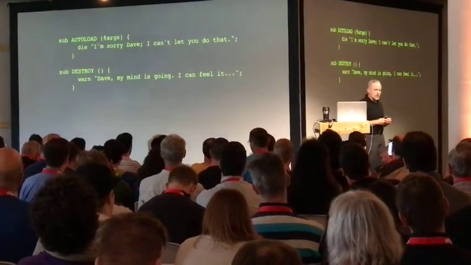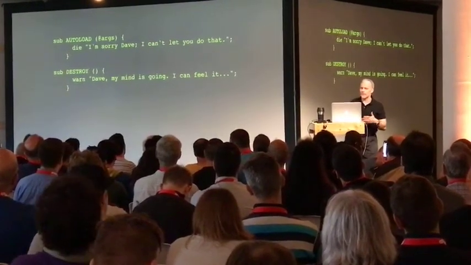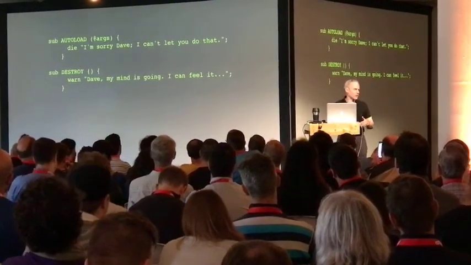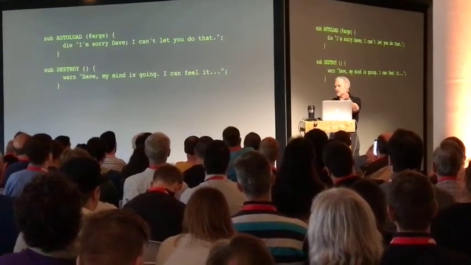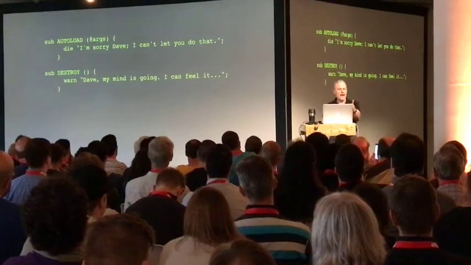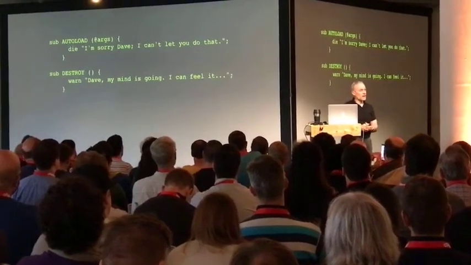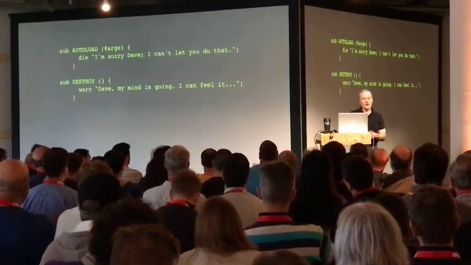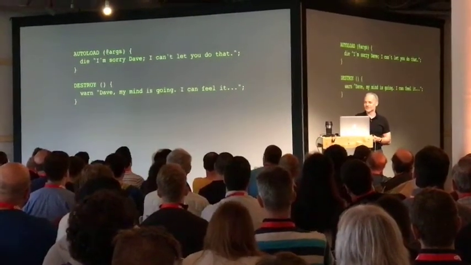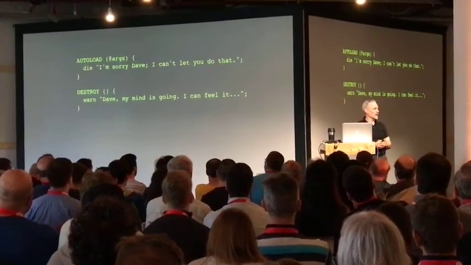If you've done any object-oriented coding in Perl 5, you're probably familiar with AUTOLOAD and DESTROY. This is your generic method, the fallback method if you don't find a method in the class, and the destructor method. But did you realise that for those two particular methods, the sub keyword is optional? Yeah, and 3 people in the room are nodding their heads.